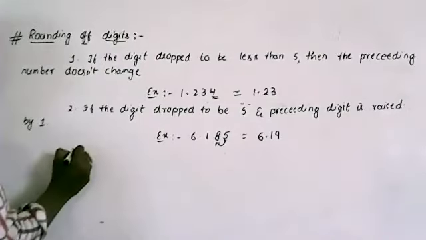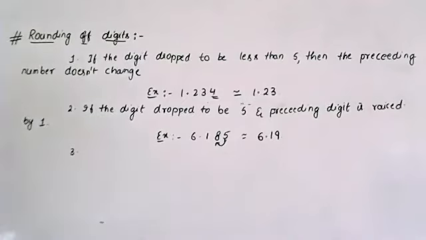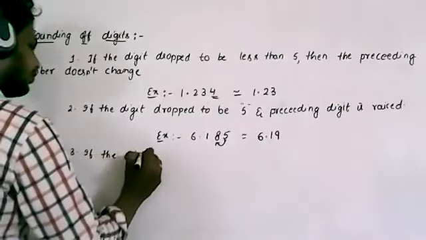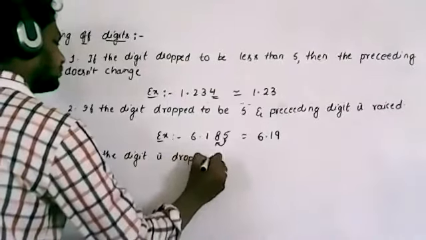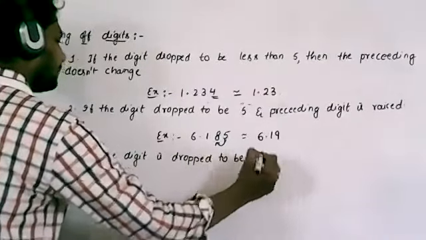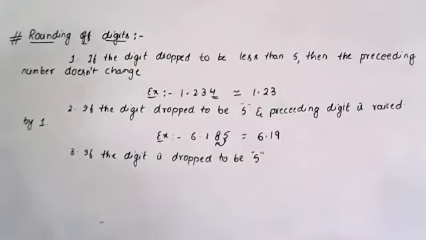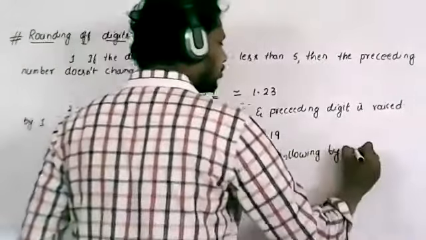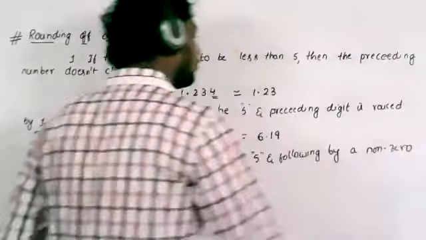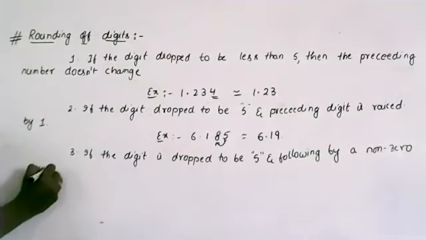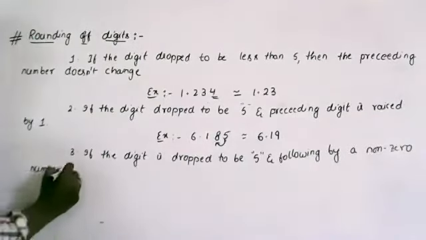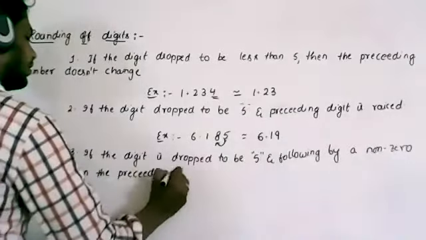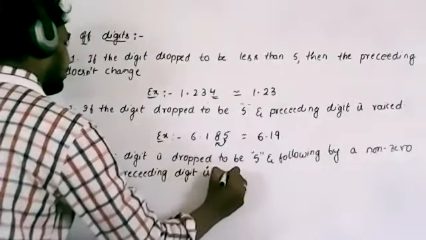Now the third rule. If the digit dropped is 5 and it is followed by a non-zero number, then the preceding digit is raised by 1.